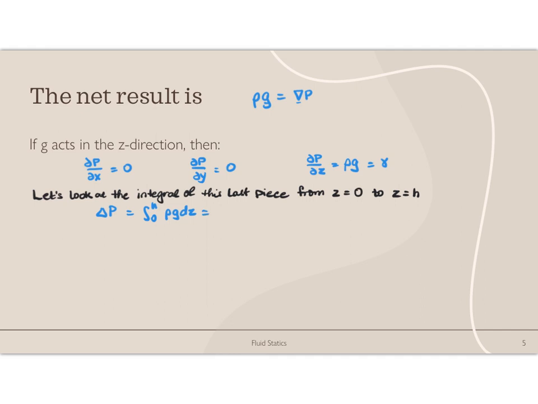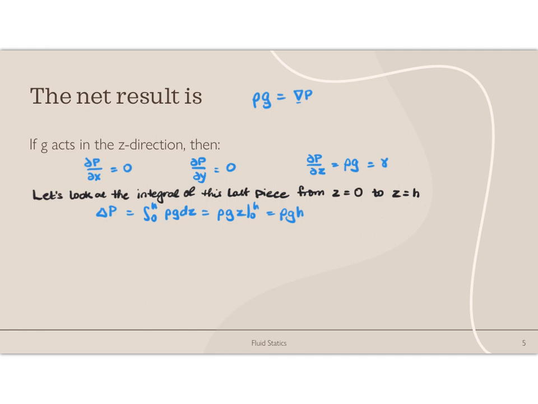And if those are all constant, then this is just rho g z from 0 to h, or rho g h. Okay? So this is the pressure change that you would get over a height change.